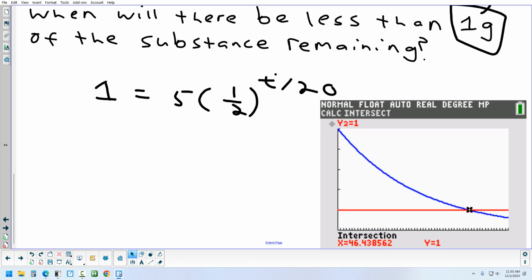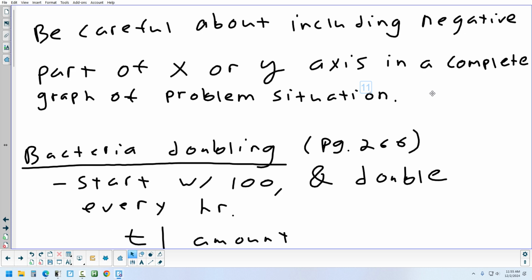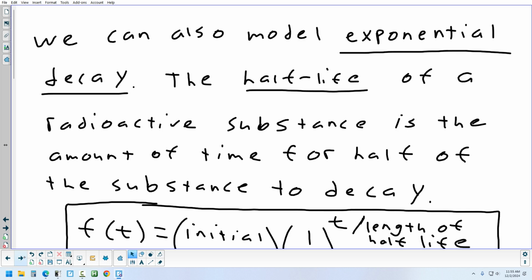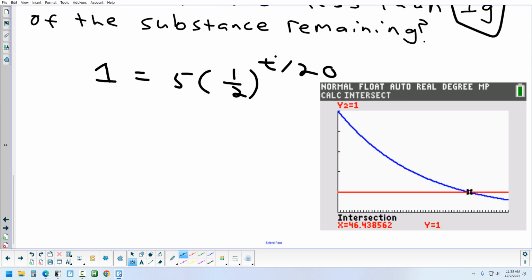At 46.44 days, you will have exactly 1 gram left. We want to have less than 1 gram. So how would I write my answer? I want to round it to 46.44, but I've got to say more than 46.44. T is greater than 46.4.